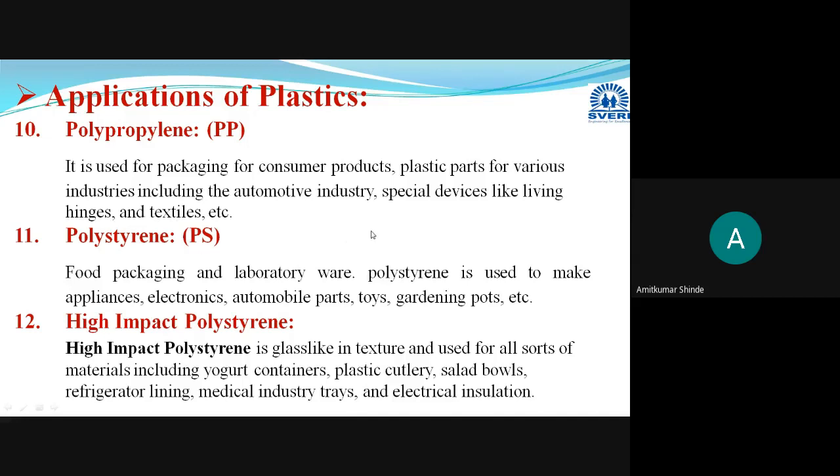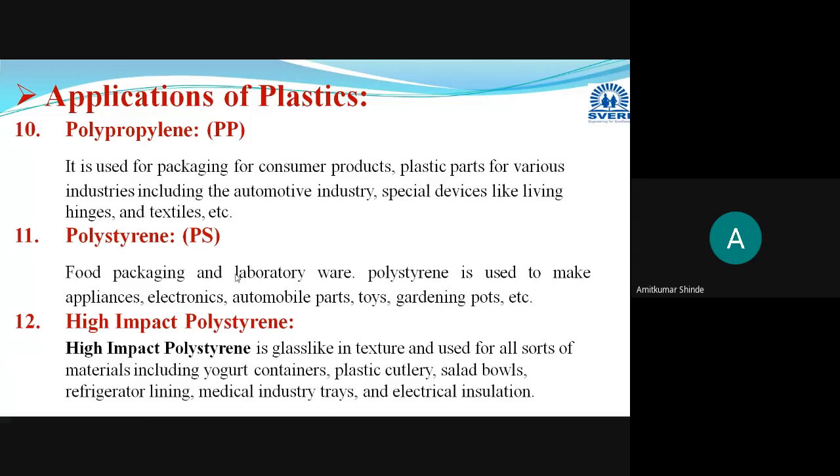Then next is polystyrene, that is PS. This PS material we are using in food packaging. Then laboratory wares, meaning different instruments or wearables made from plastics, keep us safe from different chemicals in our labs.